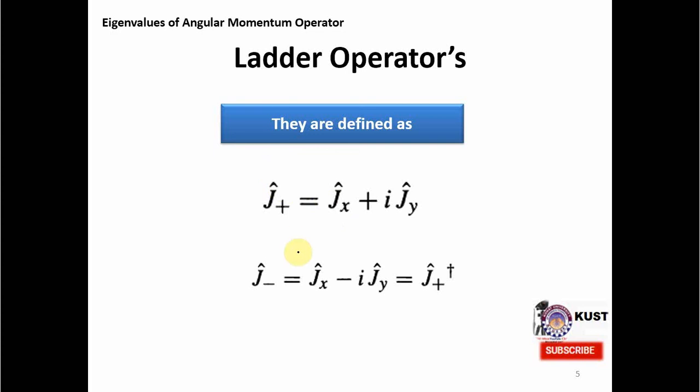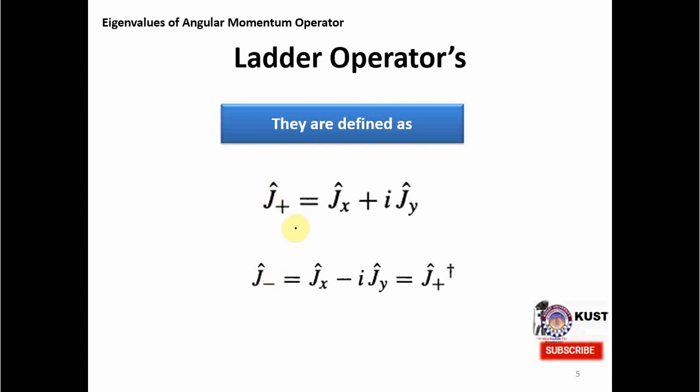If you remember in the first course of quantum mechanics, we had annihilation and creation operators. When the annihilation operator acted on a wave function, it destroyed a particle contained in that wave function, and when the creation operator acted on a wave function, it created a particle.